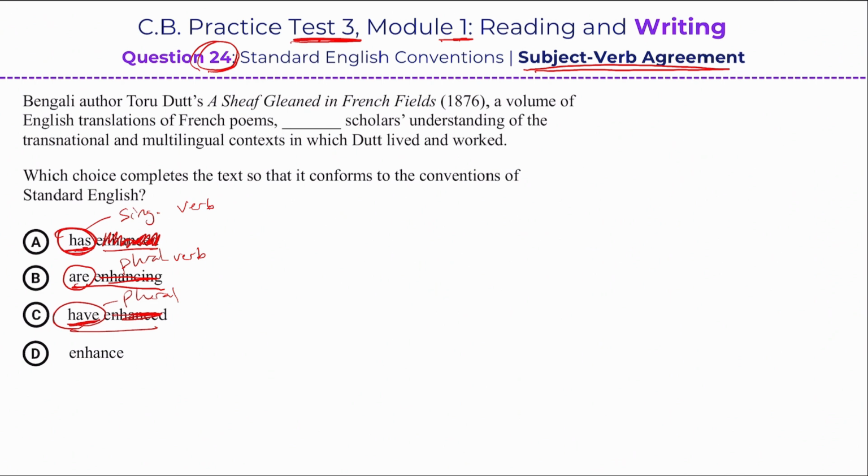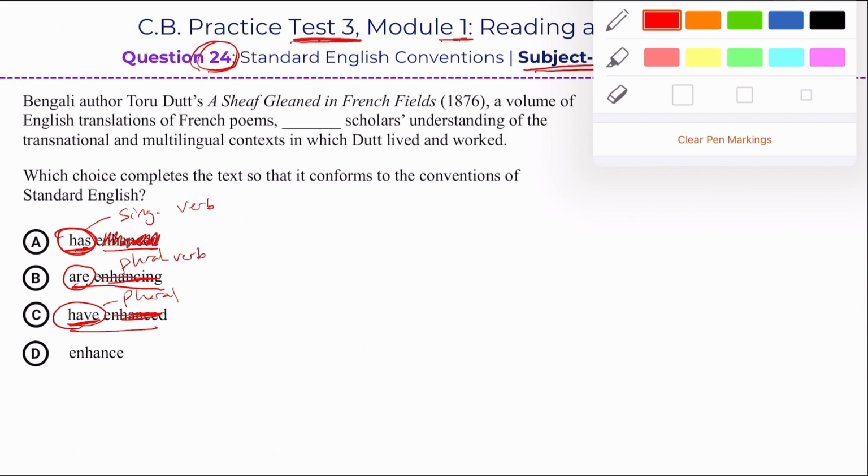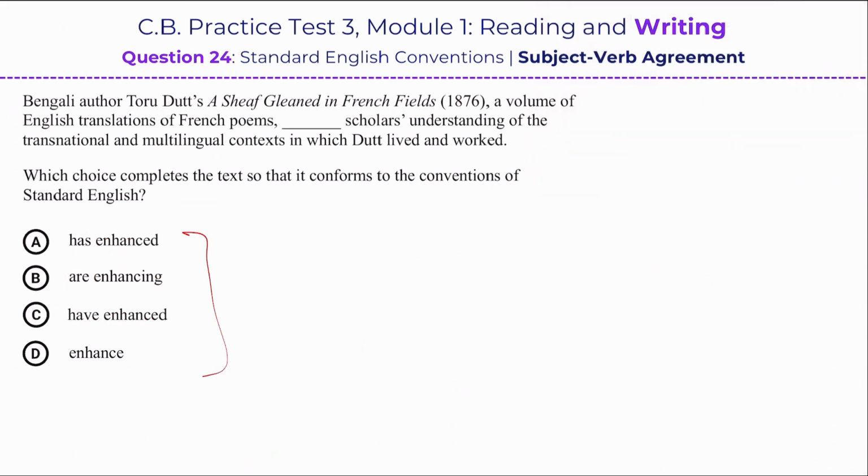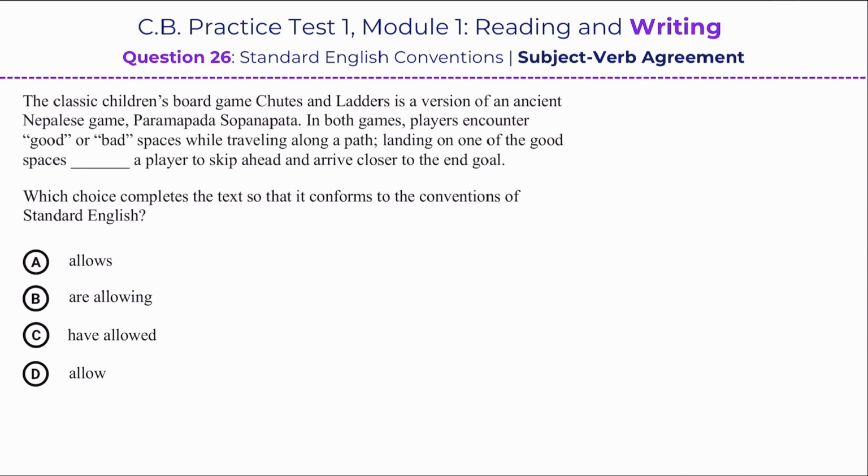It doesn't take too long to do this, and you'll start to recognize the patterns. Notice how the answer choices here look similar. I know the words enhanced and allow are different, but look at just generally how they look: have allowed, allows, allow; has, have enhanced, enhance, are enhancing. They look similar.